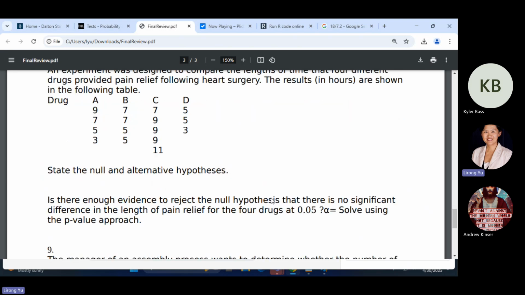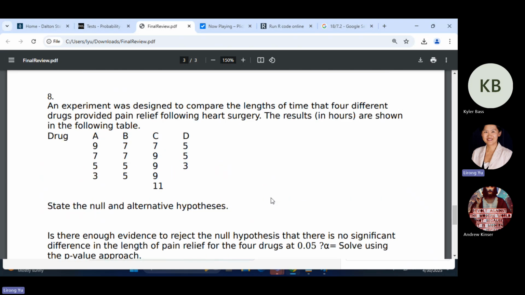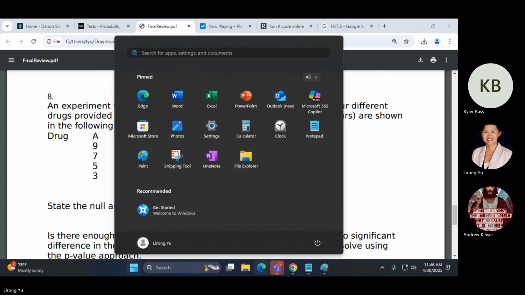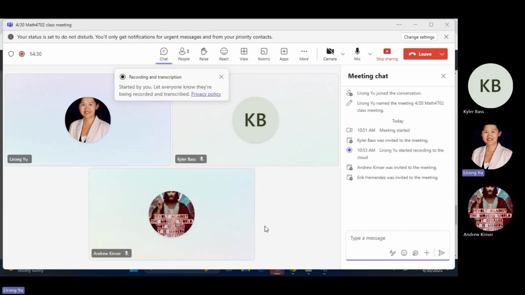Now this question is an experiment designed to compare the length of time for 4 different drugs providing pain relief. So we're comparing this relief time for 4 different drugs. Which test are we supposed to do if we're comparing 4 medicines? ANOVA. So we should be doing ANOVA for this.